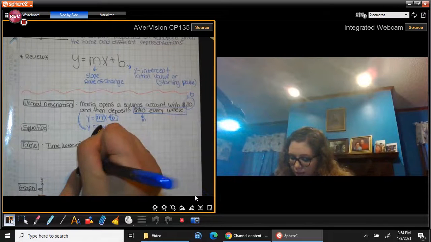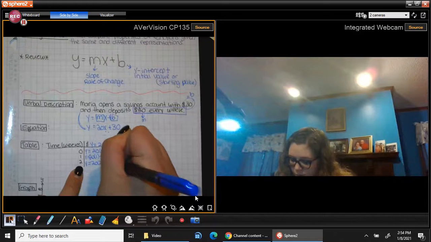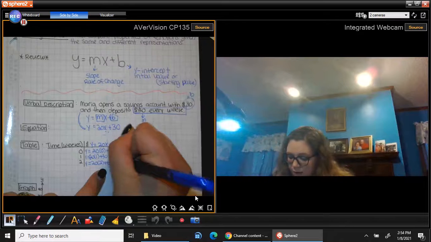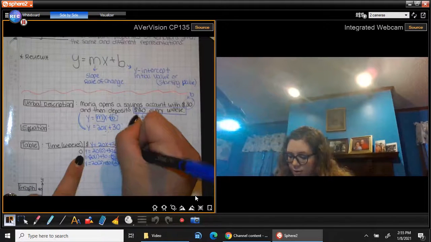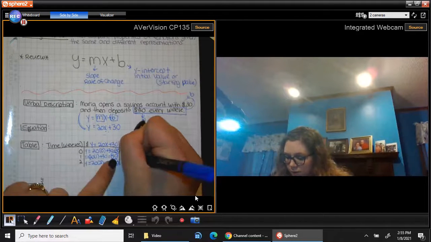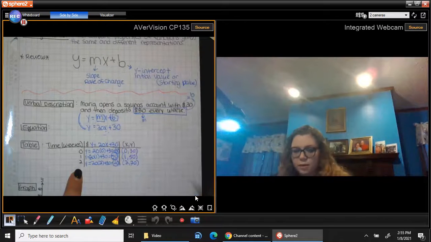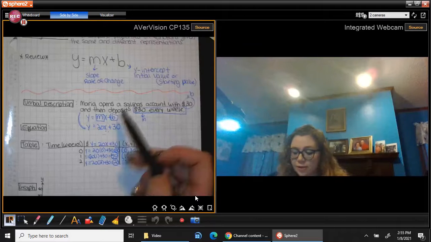And then finally plug in 2 for x. 20 times 2 is 40 plus 30 is going to be 70. So now I have my y values. Now I can create these coordinate pairs. 0 and 30. 1 and 50. 2 and 70. So now we have a table based off of these two things.